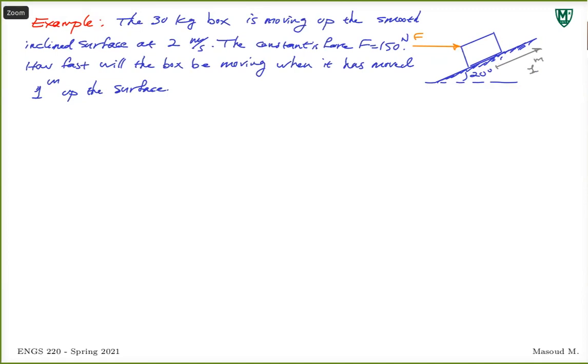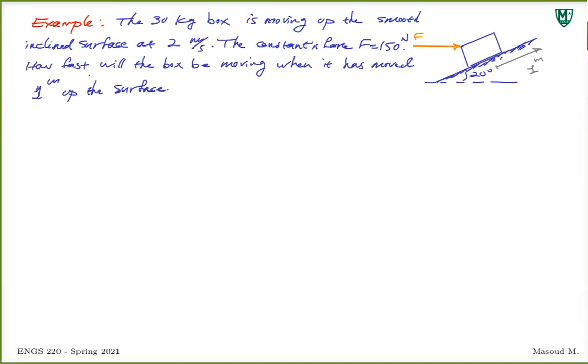Right. So we're talking about velocity. One hint that it's better to use the energy method is when you're talking about some velocity and some position. Remember, the energy method is a tool to find the relationship between position and velocity.